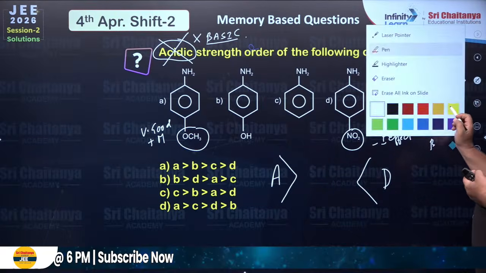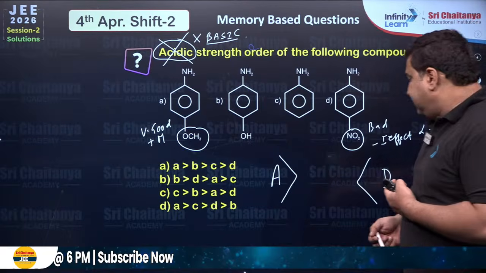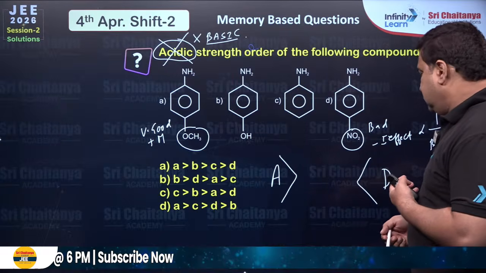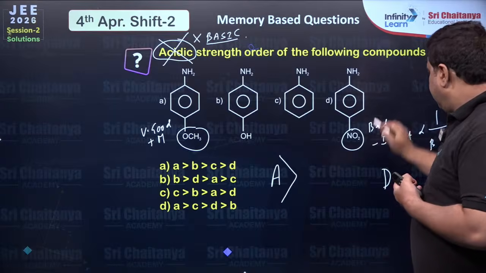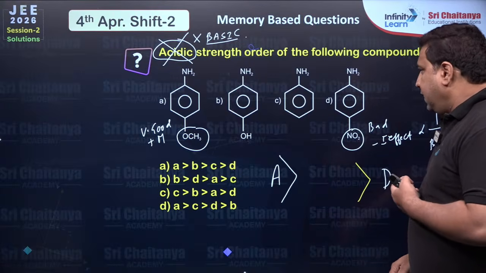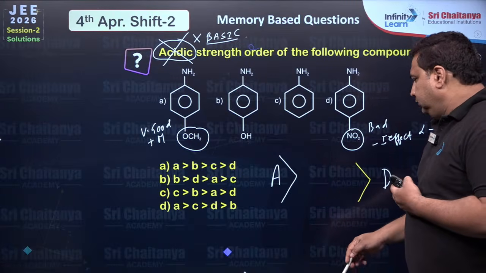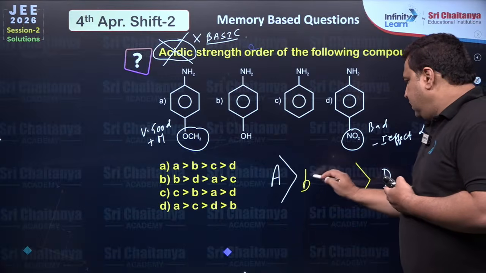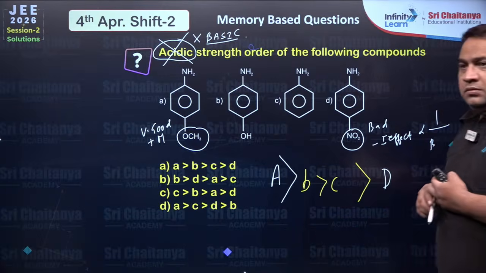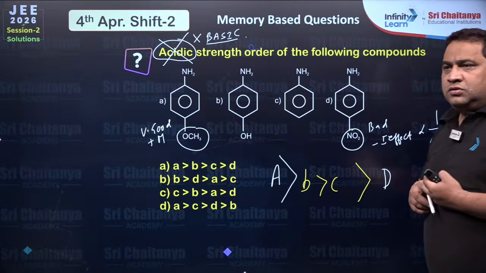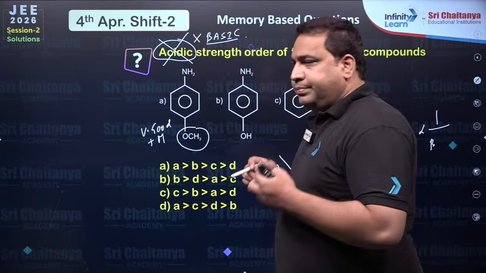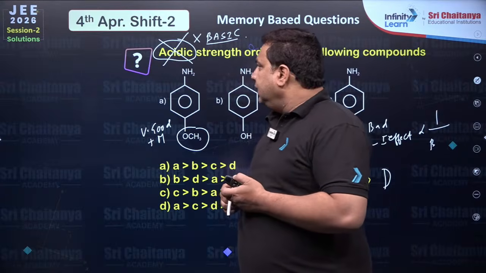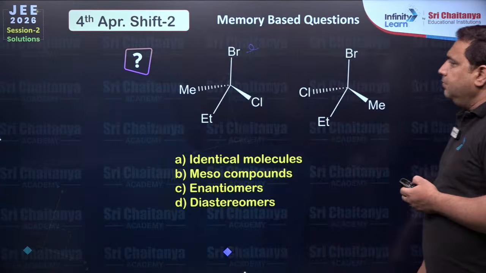If this is the order, then who is satisfying the order? A, B and C. Clear? It was the strength of the conjugate acid. Now the question itself has become confusing. Okay, let us ignore this, no problem.